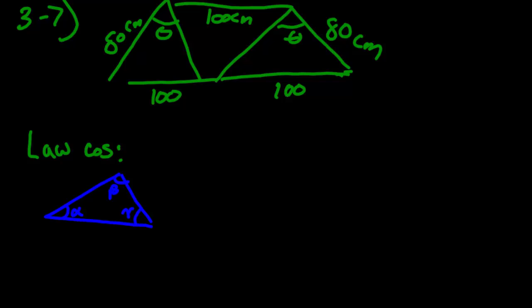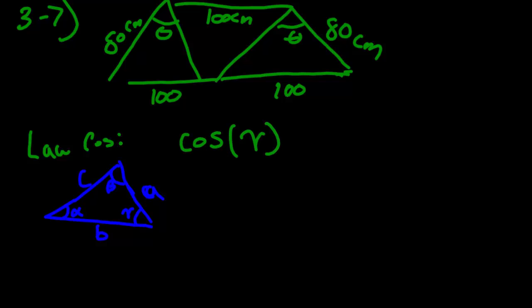And then we call this A, this B, and this C. Actually, I'll make this A and that C. So that's beta, and I'll call this C. So what's the law of cosines say? Cosine of gamma is equal to what?